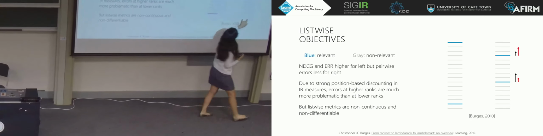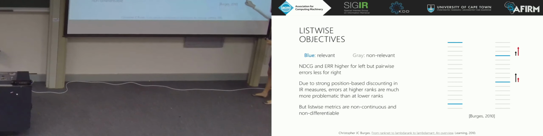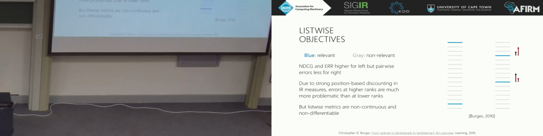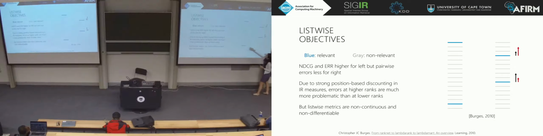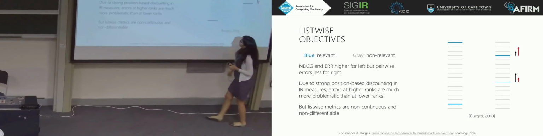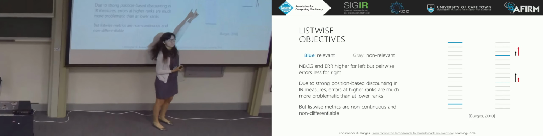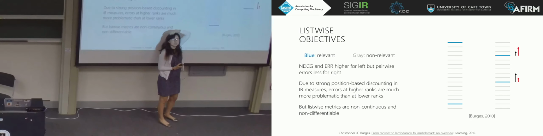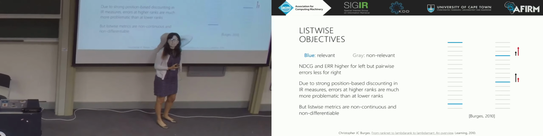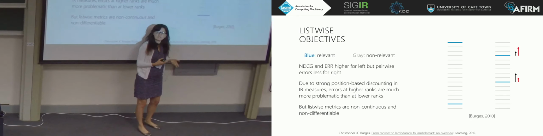If you look at the number of pairwise errors, it is actually higher in this case than in this one if you consider all the pairs. But in terms of quality, this one is actually better because we have the relevant document ranked at the very top. So the number of pairwise errors that you count doesn't necessarily reflect the quality of the exact ranking.